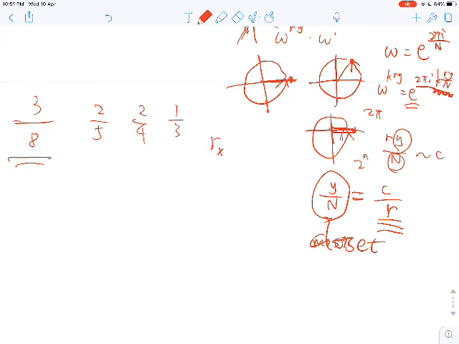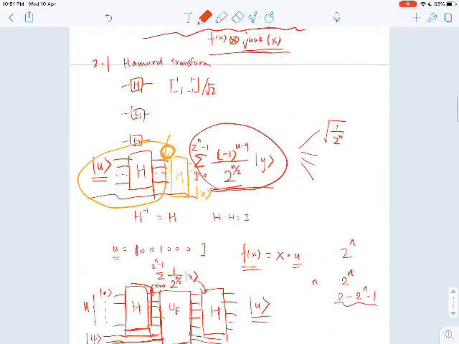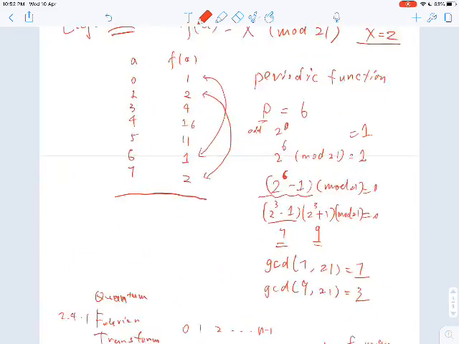And actually, we don't know whether this r is appropriate, if it is just what we want, and we try another time. We get another y, and we got another fraction here, and we approximate another time, and finally we get some very possible r, and we test this r in this procedure.